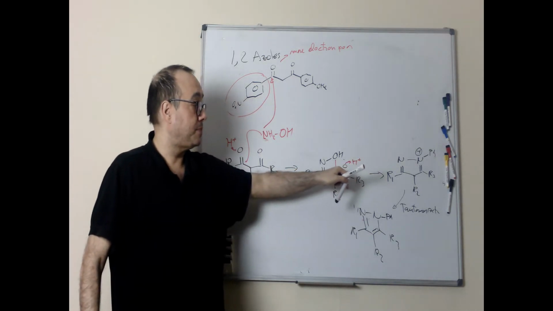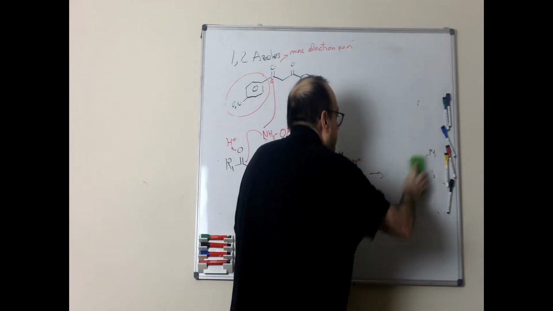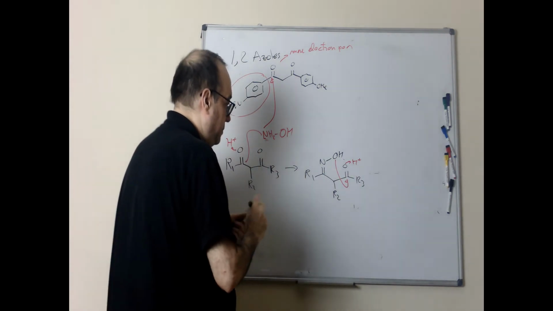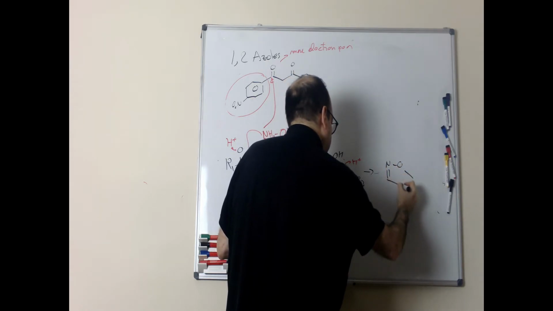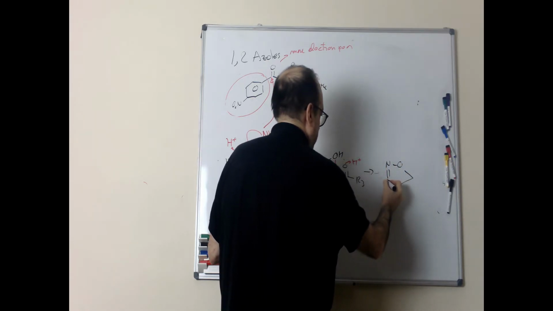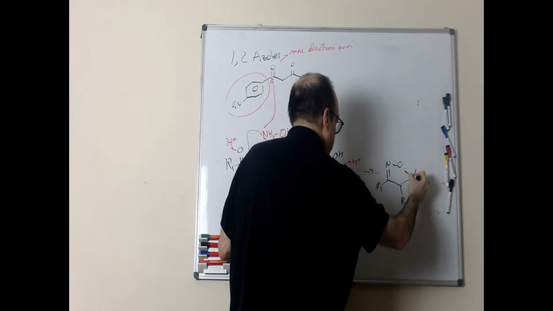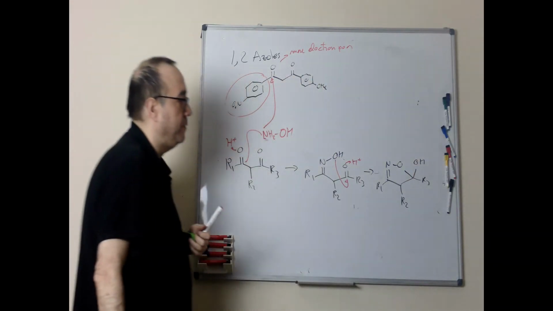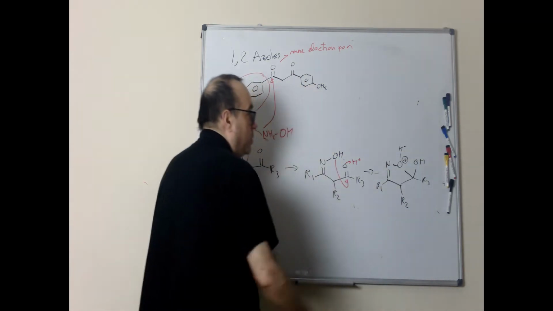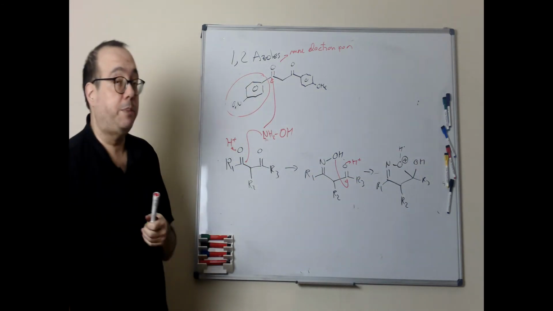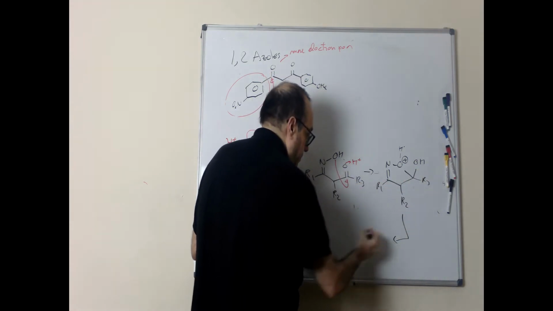We protonate the other carbonyl group and then the oxygen will attack. And the only difference is that now, when we have this compound, we will have this intermediate. Again, what we will do is to move the proton. This proton that is over the oxygen, we will put it on the hydroxyl in order to make a very good leaving group.